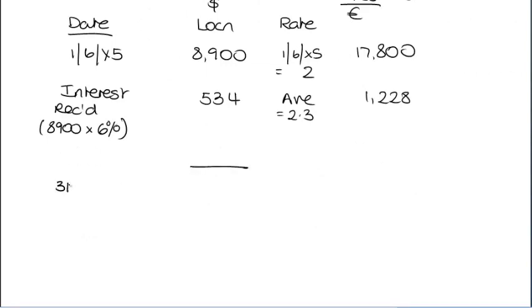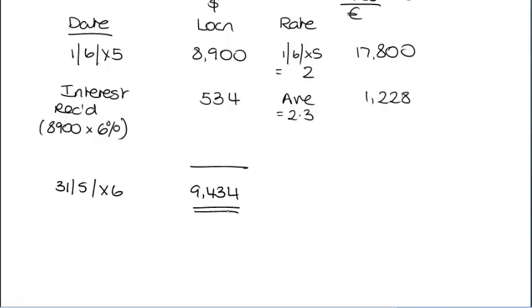At the 31st of May X6, we're going to show our loan, and it's 8,900 plus 534. It's a figure of 9434.